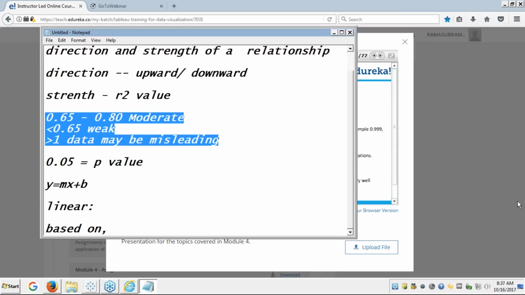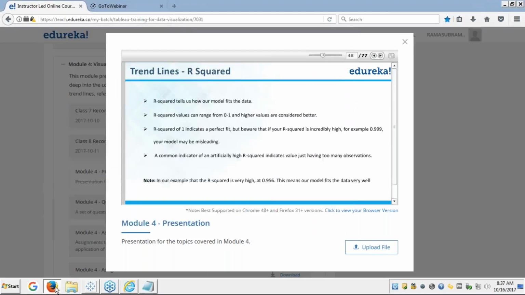Okay, so this is what it is. I'm just typing this part to you all so that you can make use of this data. This is the actual numbers for the trend line.